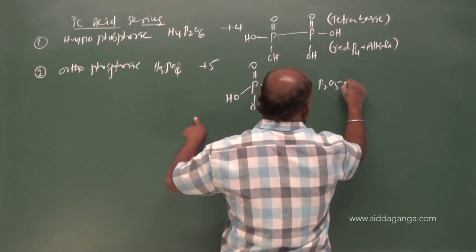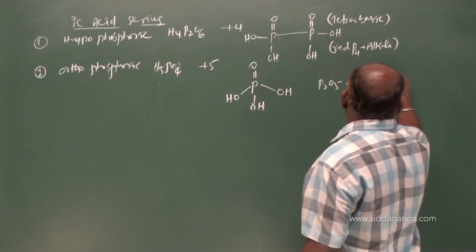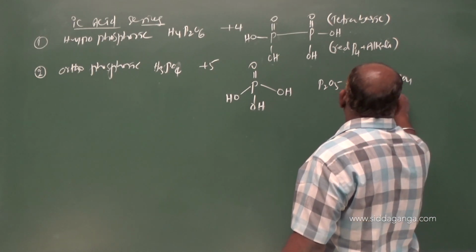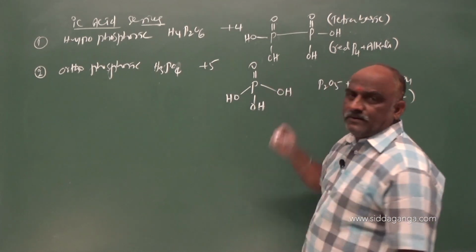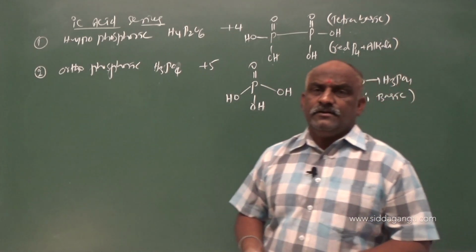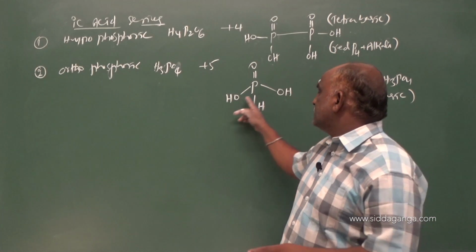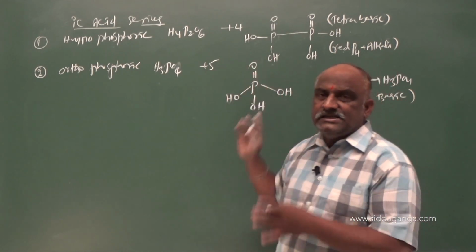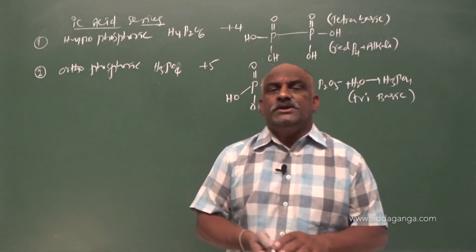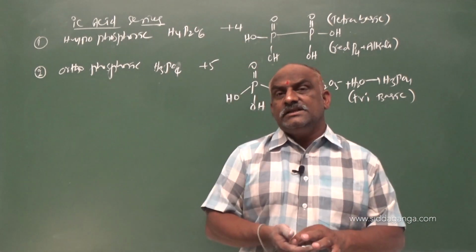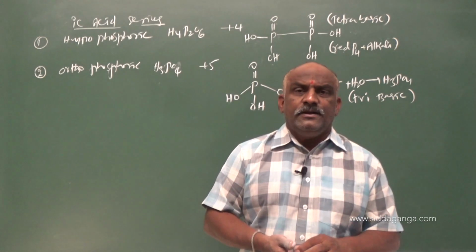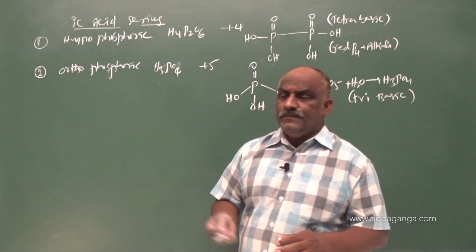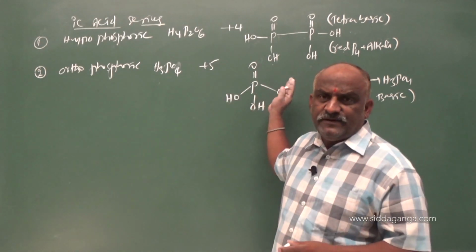P2O5 dissolved in water gives rise to H3PO4. And which basic is it? Tribasic acid. Basicity is 3, 3 OH groups are there. See this one, OH, OH, OH, and double bond O. In this ic acid series, there is no connection of phosphorus to hydrogen. Only in the ous acid series will the connection be there. Clear it is. That is an important point. Make a note, my dear students, because by that only we have to differentiate this.